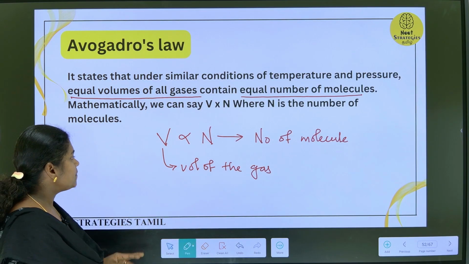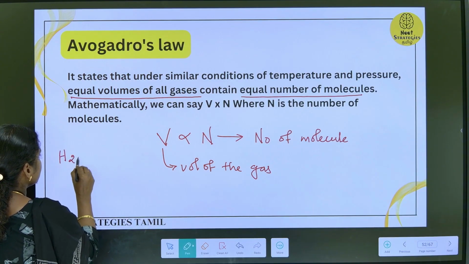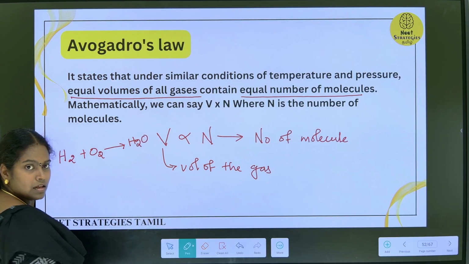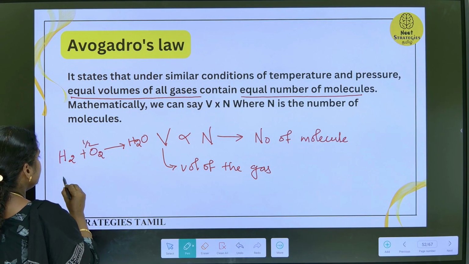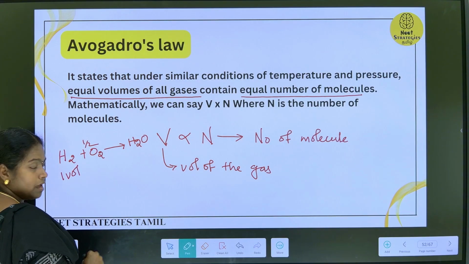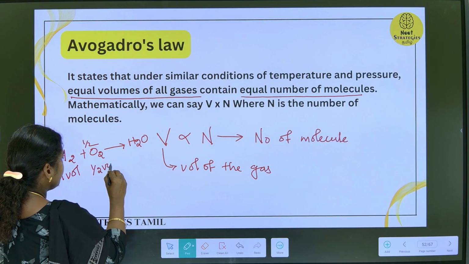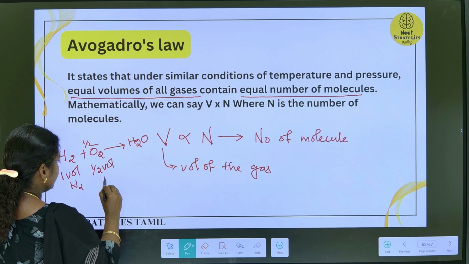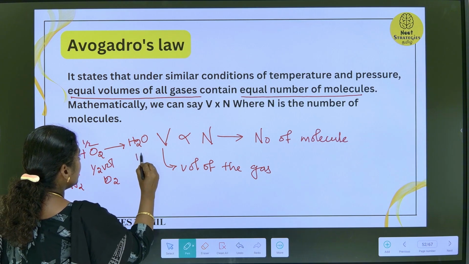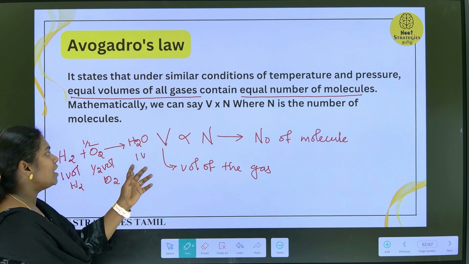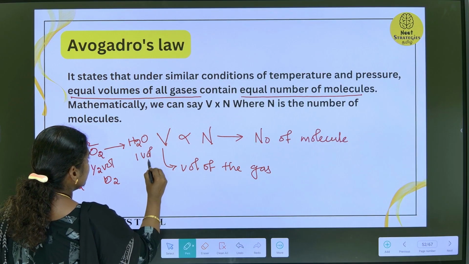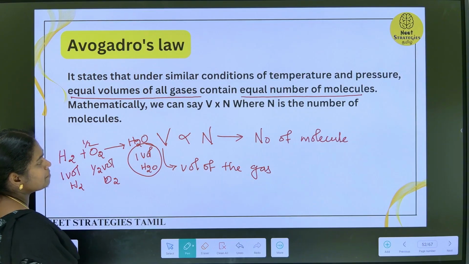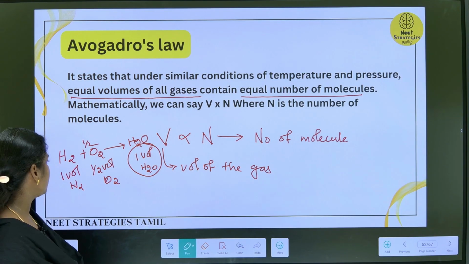Right. Suppose hydrogen combined with oxygen to form water. In this case, for 1 volume of water, here it is half volume of oxygen and 1 volume of hydrogen, and it produces 1 volume, or 1 molecule, of water. So we can explain this using the number of molecules instead of volume.